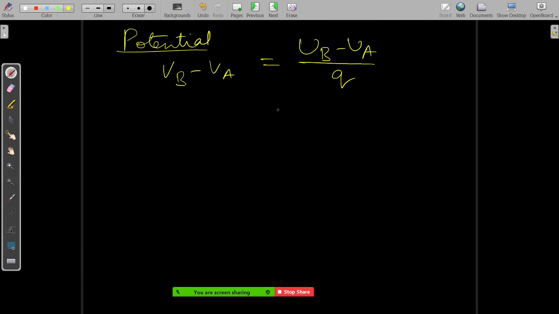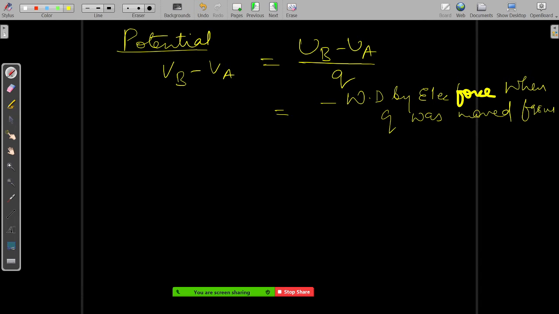VB minus VA is equal to change in potential energy divided by charge. What is change in potential energy? Negative of the work done by electrical force when Q was moved.